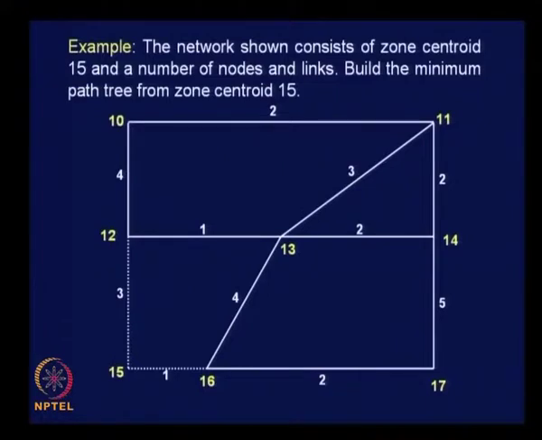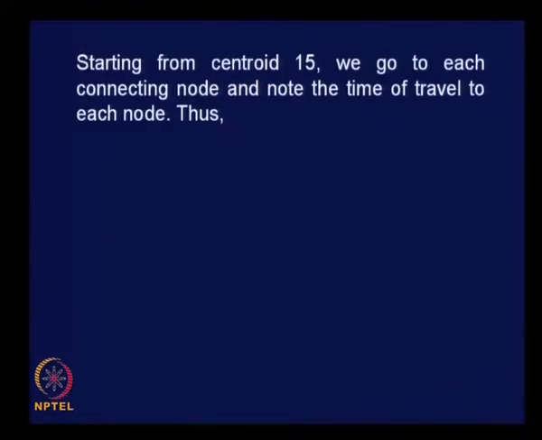It is a simple principle of identifying the minimum path. We start from 15 and there are two connecting nodes to 15. The nodes are 12 and 16. The travel time to 12 is 3 minutes and travel time to 16 is just 1 minute, is not it. So that is how we are going to proceed.